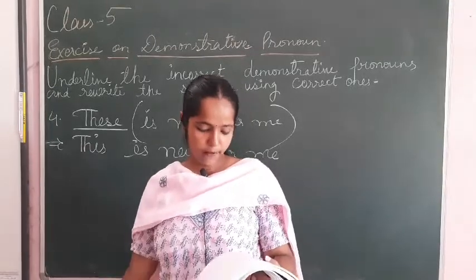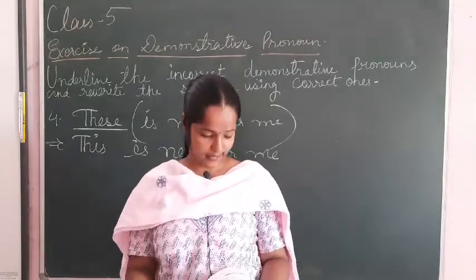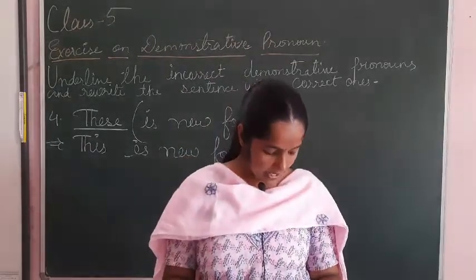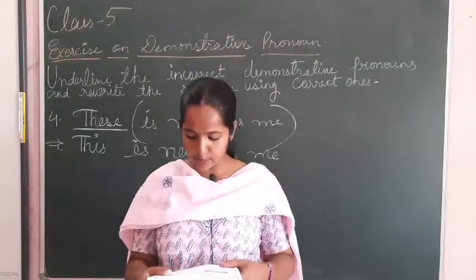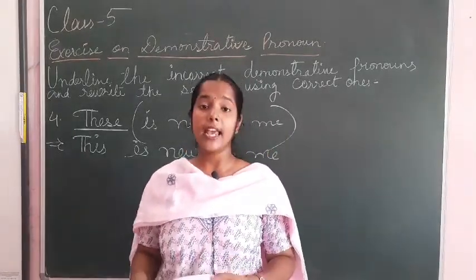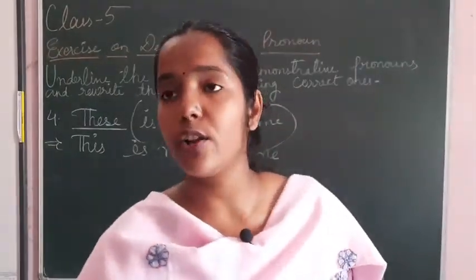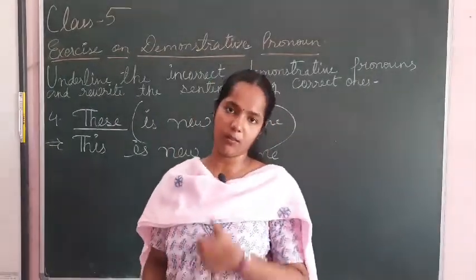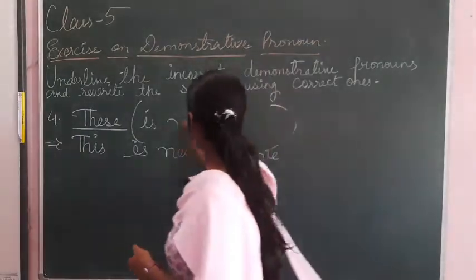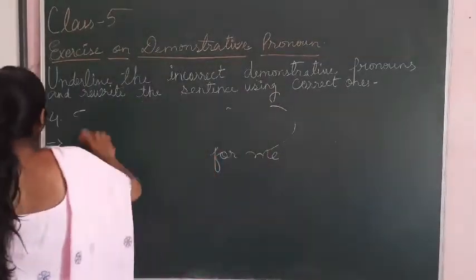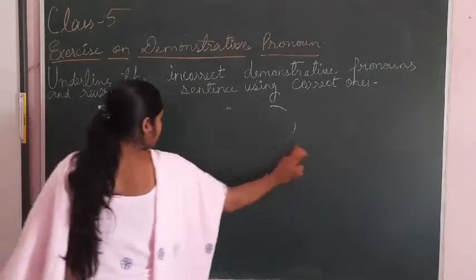Now there is question number E, that is: underline the incorrect interrogative pronoun and rewrite the following sentence. Now I will tell you what an interrogative pronoun is. An interrogative pronoun is a questioning pronoun. In that you have to use a question mark.